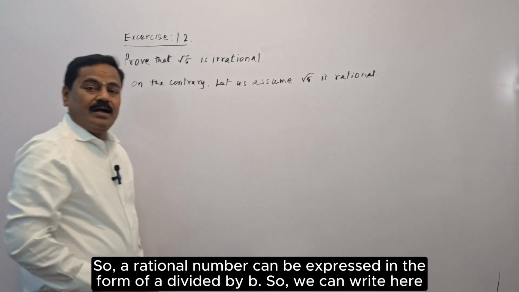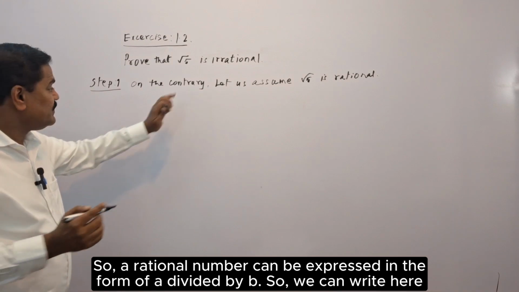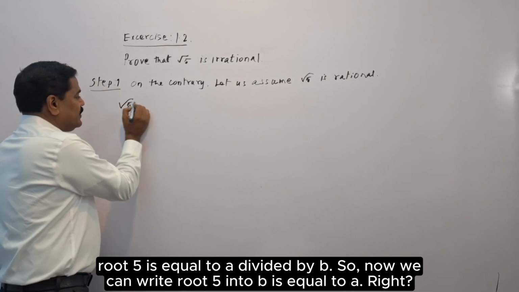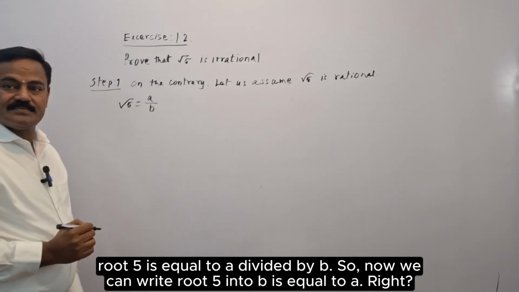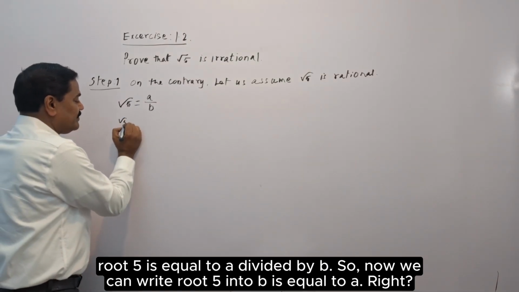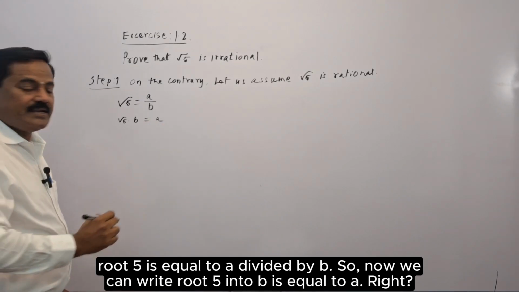A rational number can be expressed in the form of a divided by b. So we can write root 5 is equal to a divided by b. Now we can write root 5 into b is equal to a.